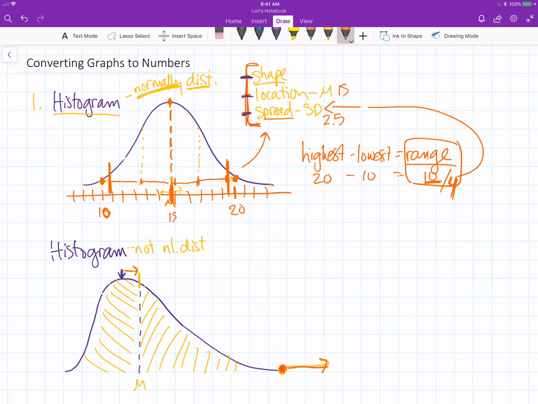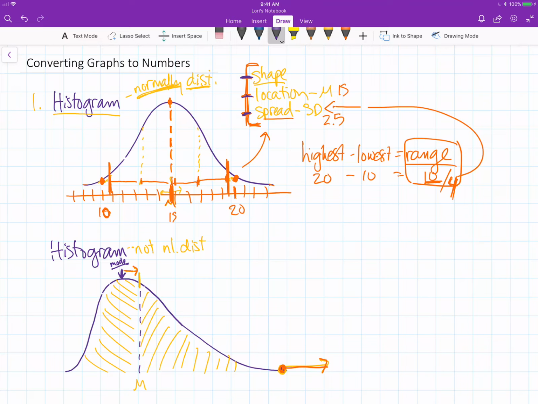A lot of people would label this point right here the mode. Depending on how things are measured, that can be a little bit deceptive, but it is supposed to be the highest point of that particular curve. The other numbers that get pulled along the way are the median.